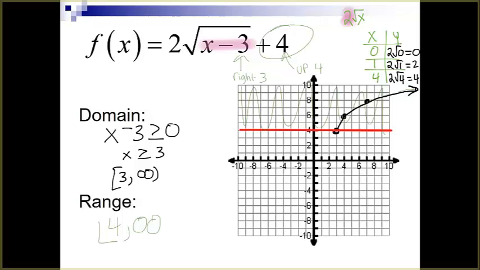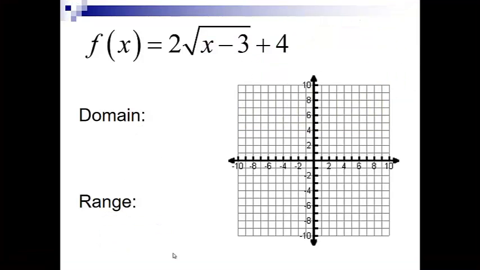It will include 4, but it will not include positive infinity because that's impossible to get to. So this part here is always going to be in relation to the range. But you have to see what the graph does because sometimes if I put a negative in front, it can flip it, and that's pertaining to your other parts that we have. So, okay, that is the square root function.